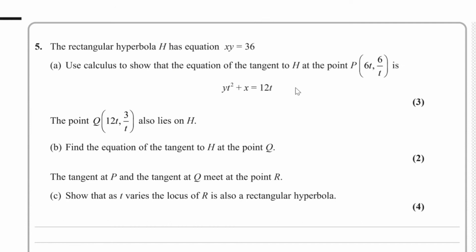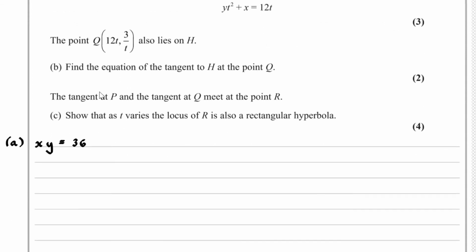Question number 5. The rectangular hyperbola H has equation xy equals 36. For part A, we have to use calculus to show that the equation of the tangent to H at the point P with coordinates 6t and 6 over t is yt squared plus x equals 12t.